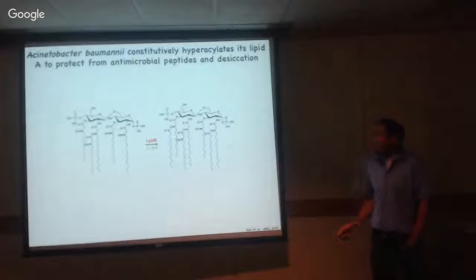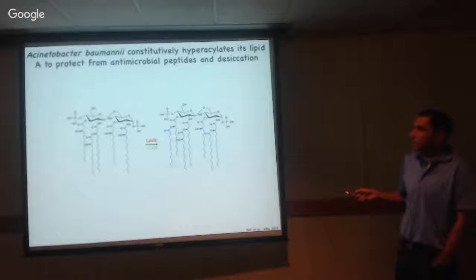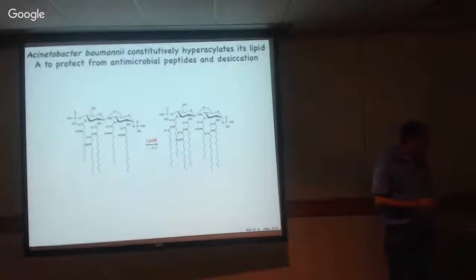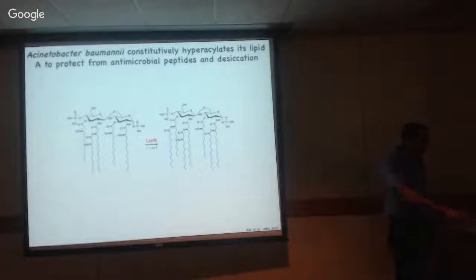So what we found was that, unlike the canonical lipid A synthesis in gram-negatives, the LPXL enzyme in Acinetobacter actually adds 2 separate acyl chains to this molecule. And this is the first example of a dual acyl transferase, the first time that one has been described.